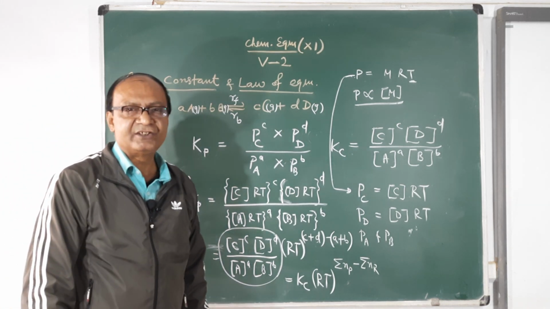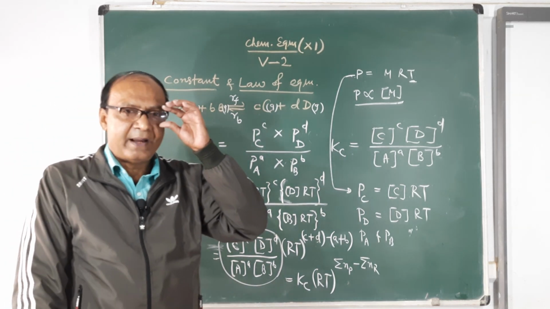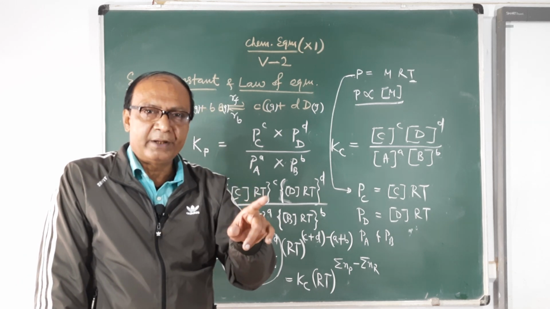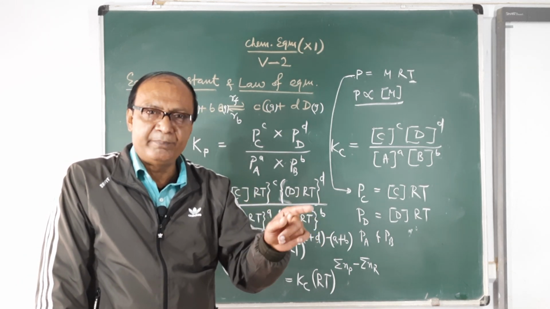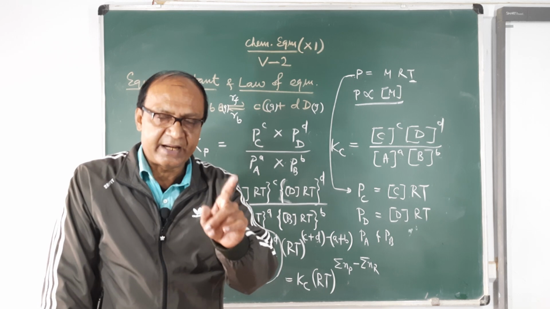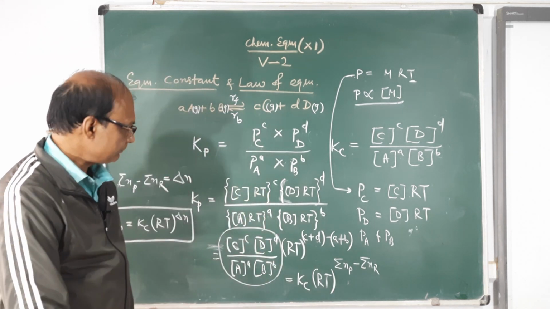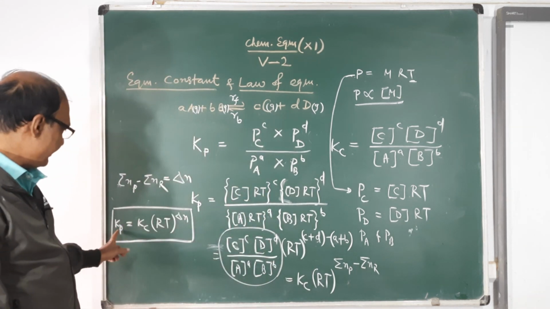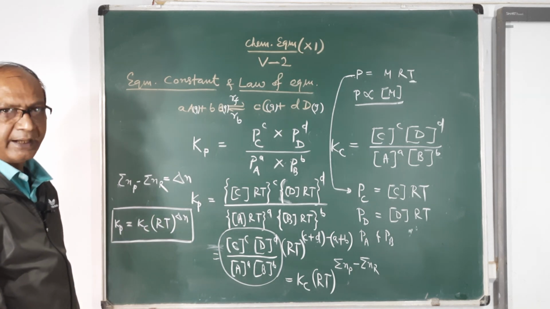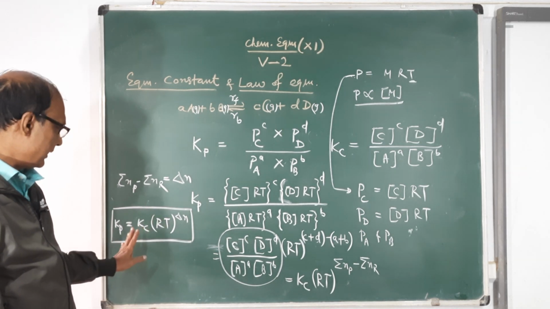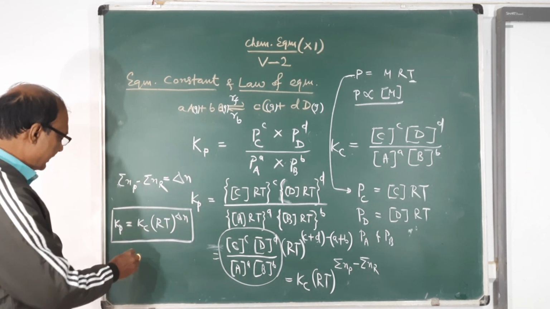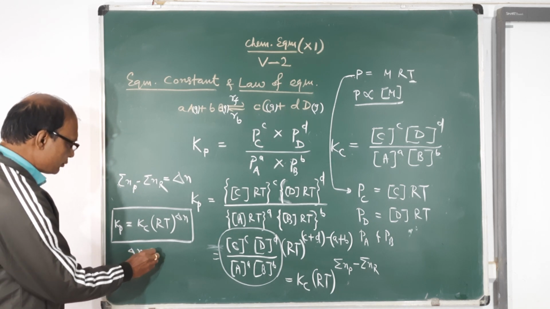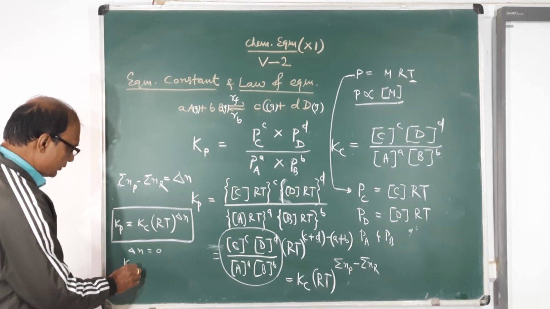This Kp and Kc relation can be applied when at least one component in the equilibrium system is a gas. So, what is the relation? Kp equals Kc into RT to the power delta n. Remember, when delta n equals 0, then Kp equals Kc.